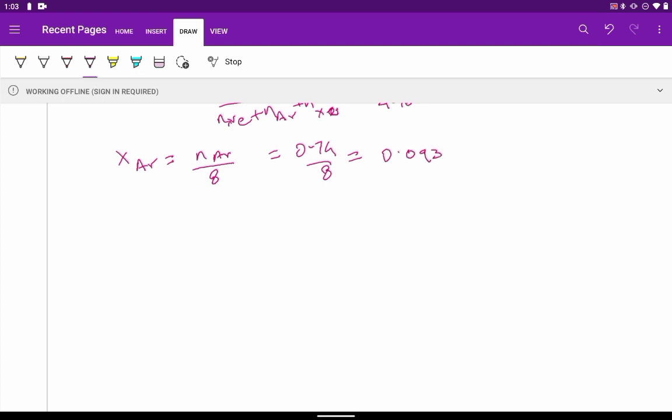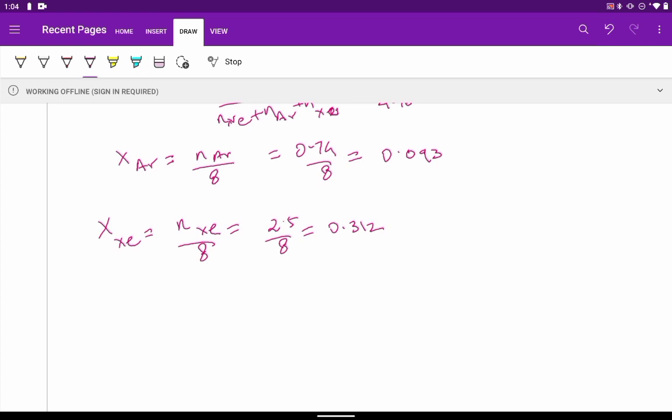Next is xenon. That will be number of moles of xenon again by total number of moles, that is 8. Number of moles of xenon given is 2.5. So 2.5 by 8, that is 0.312. Now we got the mole fractions.